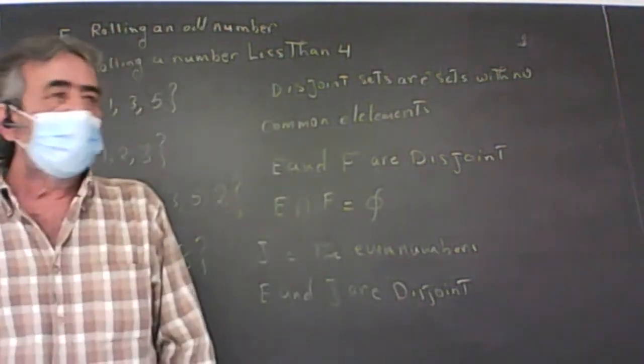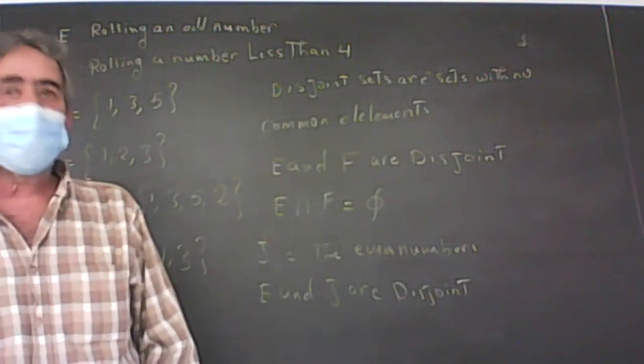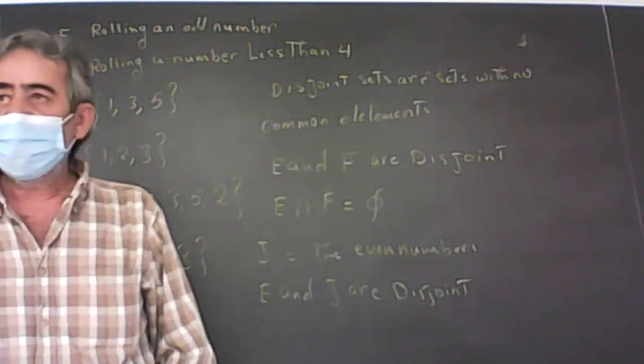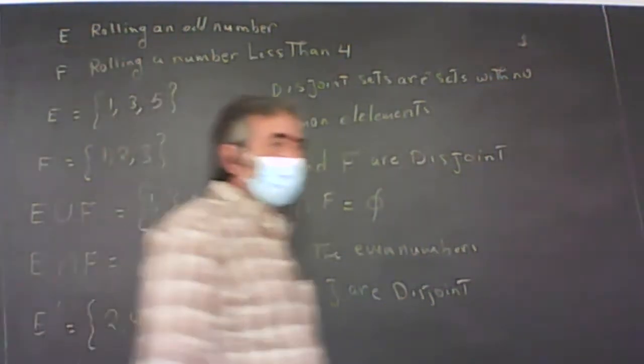So they don't have a common element, therefore they are disjoint sets. They have nothing to do with each other. Clear?